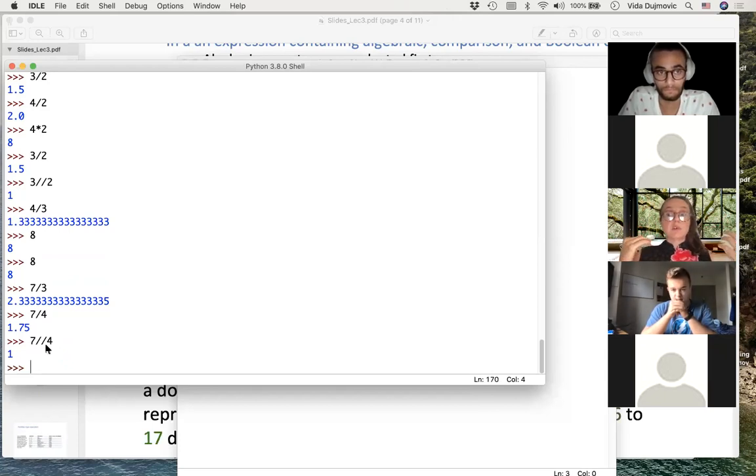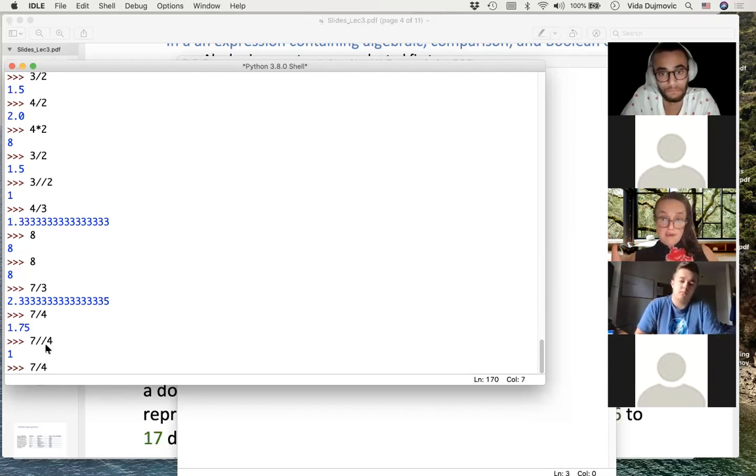This is the way you were doing division, I don't know if you remember, in primary school, before you knew real numbers. You would say, what is 7 divided by 4? It's a 1 with remainder 3. What's left over is 3. So if you wanted that remainder, and that's actually extremely useful in programming languages.